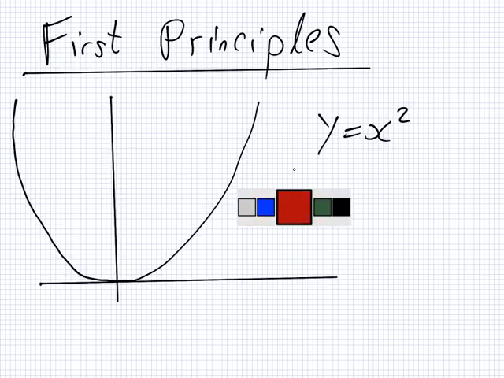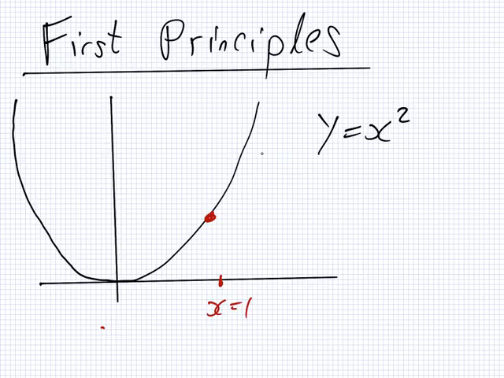Let's just choose a point here, x equals 1, and we draw the tangent line at x equals 1.